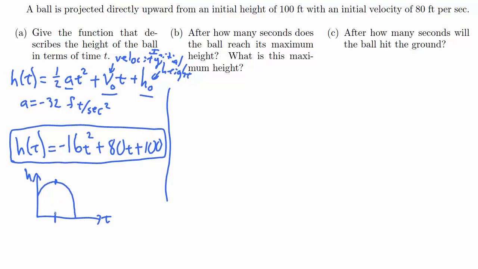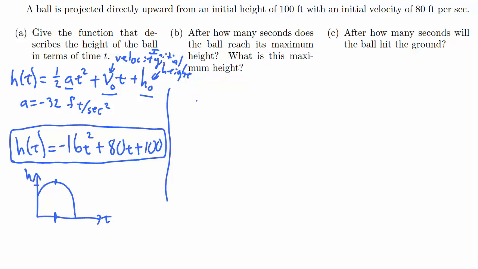So when does it occur is the t value, and what is it is the h value. In other words, this is the x value, this is the y value. So we're effectively asking what's the vertex for both of these questions. The x-coordinate is when, and the y-coordinate is what.